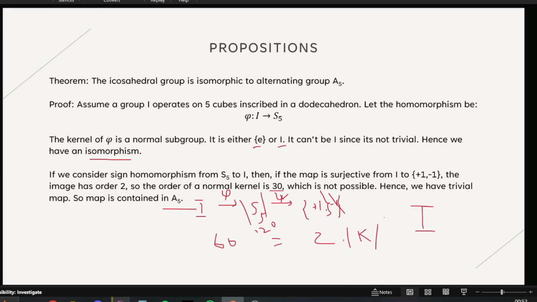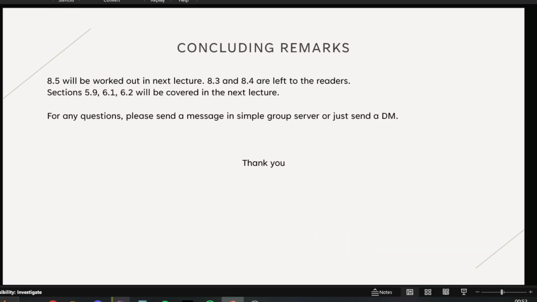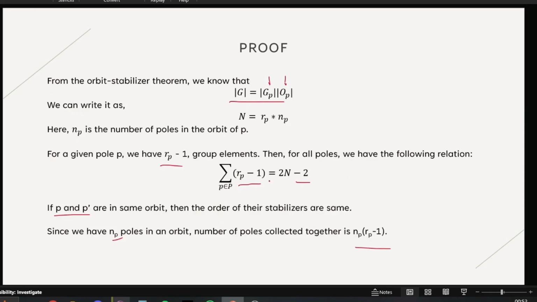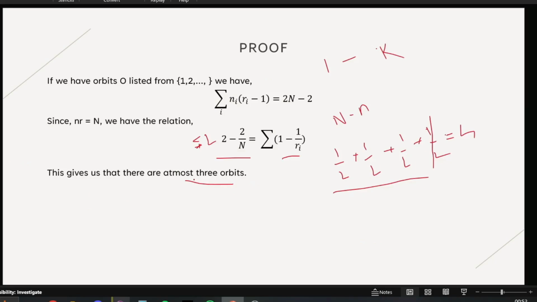I have covered everything I wanted to cover in this lecture. If I do a quick recap, we did the finite classification of SO3. We took quite a while. We first established, by calculating the number of poles, that the maximum number of orbits can be 3.